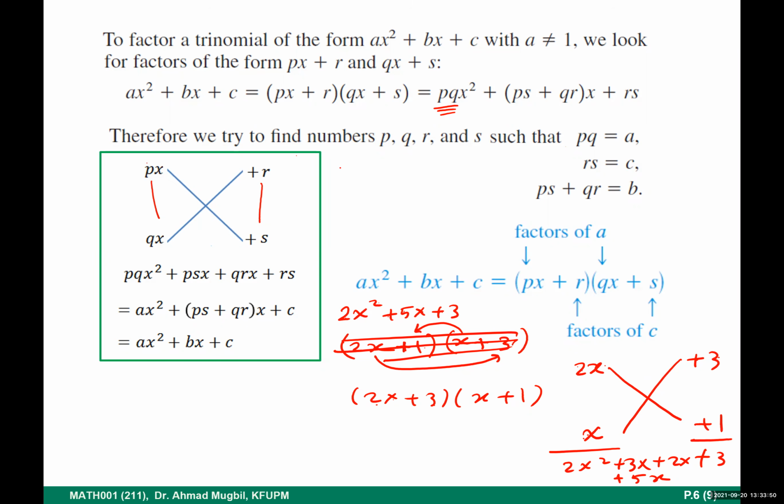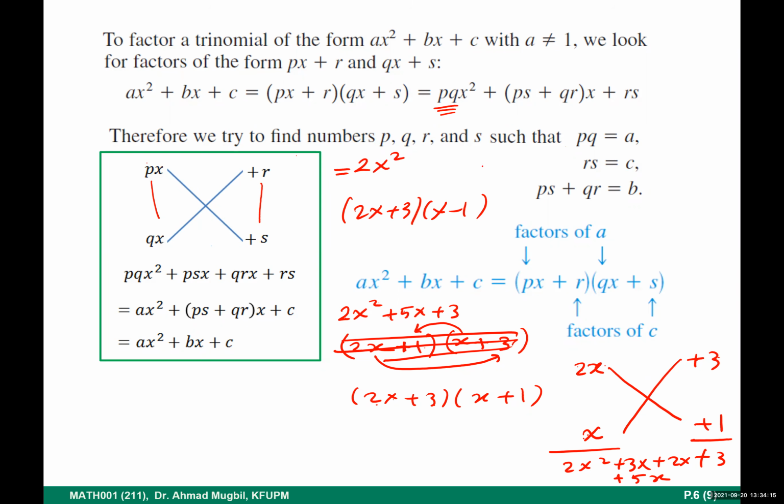Now if it is 2x squared minus, I don't know, it will be minus what? Let me show you the trick, how we did it, ya Shabab, how we play it. We play it like this: 2x plus 3 times x minus 1. What will it be? This will be the factors of 2x squared, and here we will have minus 3.